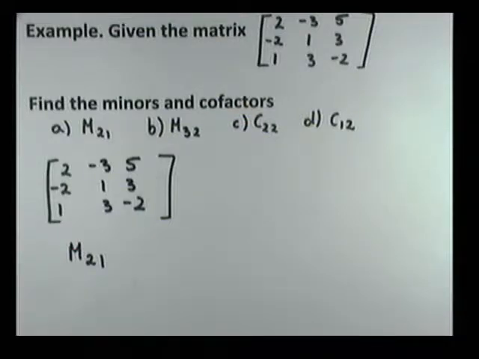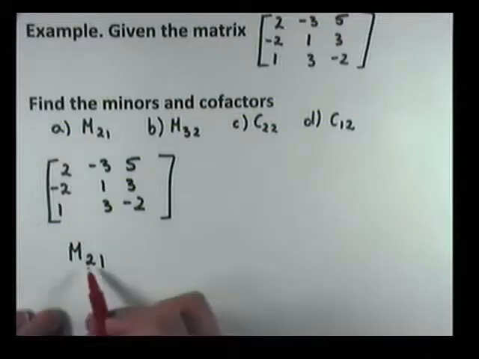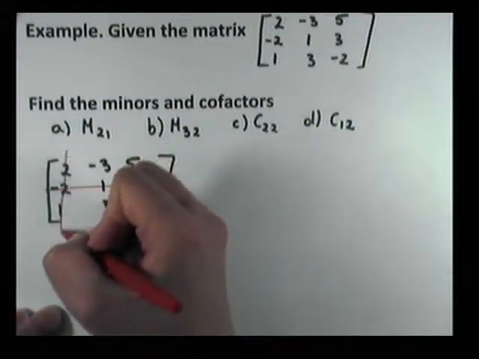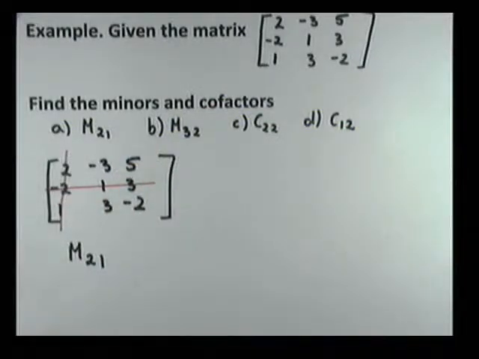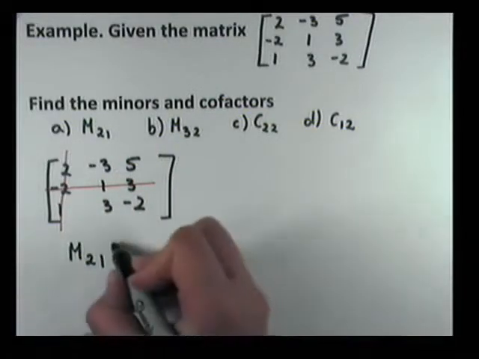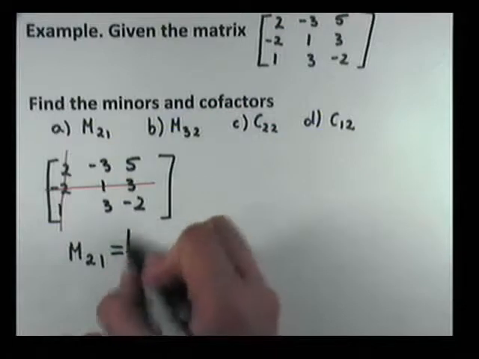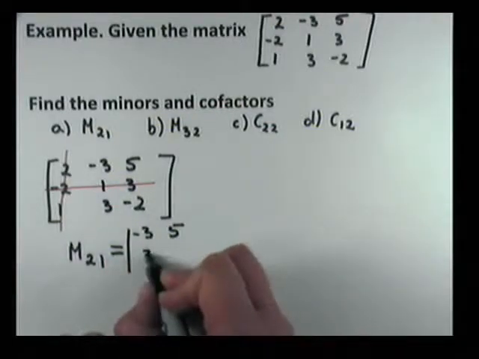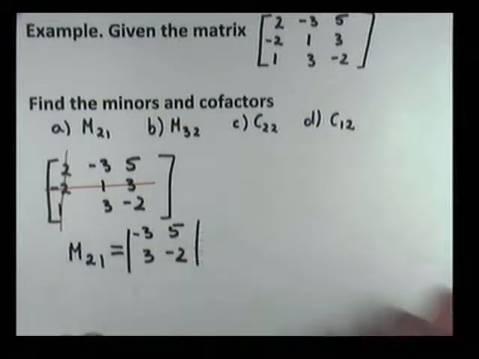So if we delete the second row and first column, what are we getting? 2,1, delete the second row and the first column, and find the determinant of what's left. That is equal to the determinant of minus 3 and 5, and then 3 and minus 2.